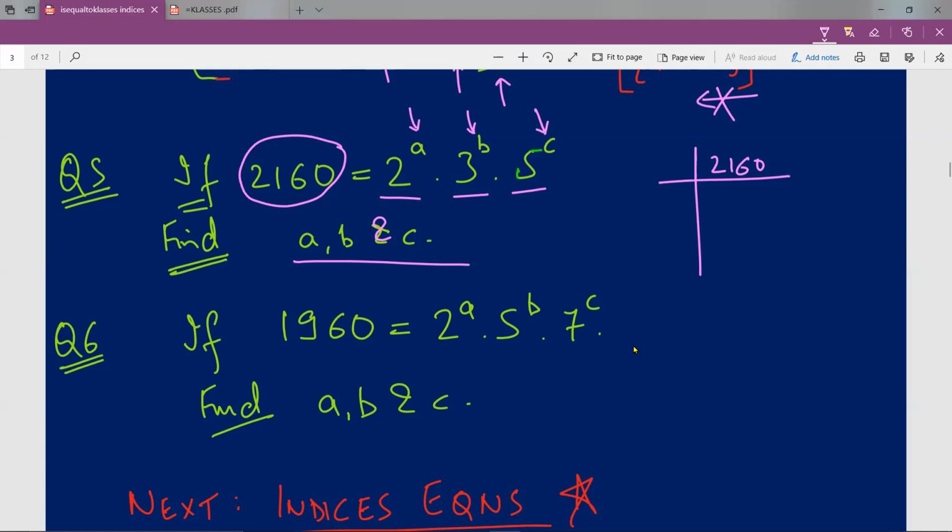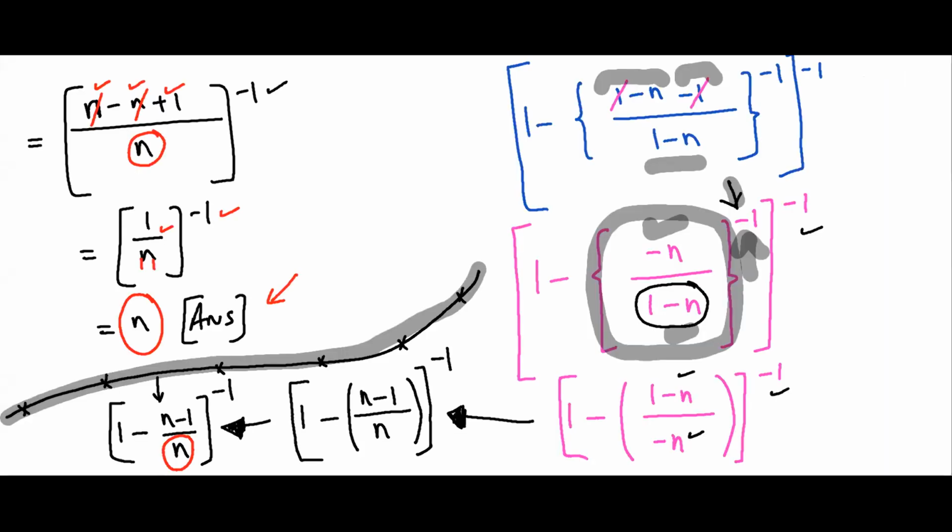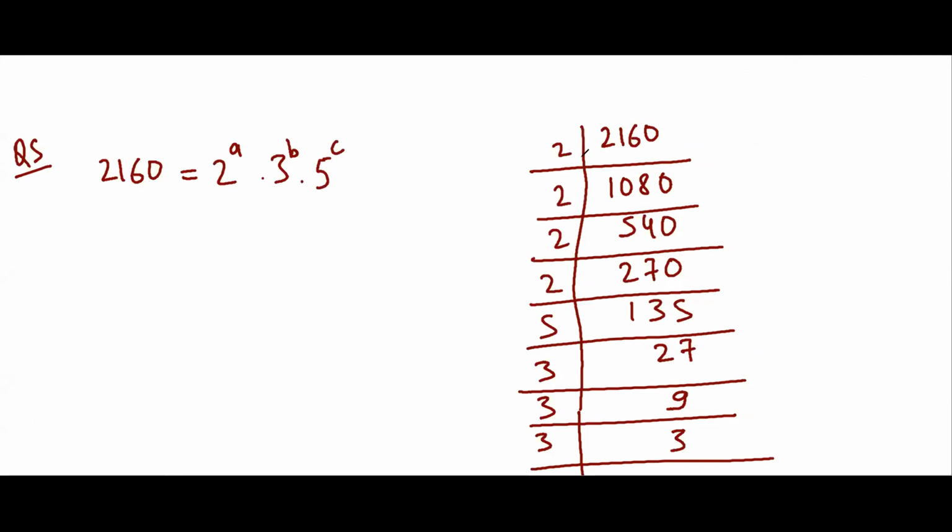So what I'm trying to tell you is, note down this question and try to do it. That 2160, if I take a prime factorization, I can write 2160 as 2 raised to power 4, 3 raised to power 3, and 5 raised to power 1.